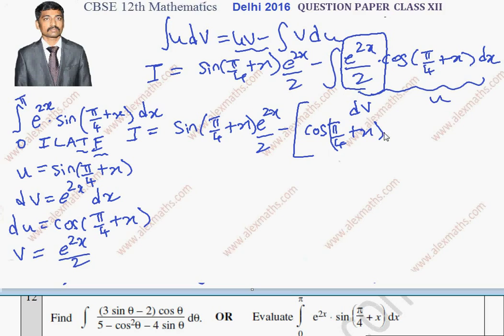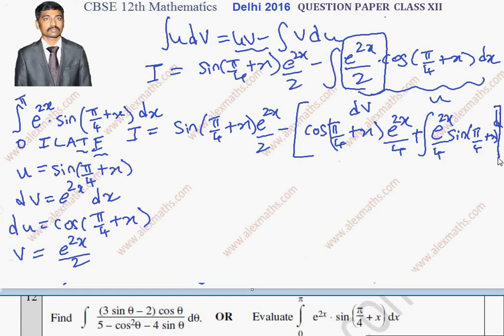That will become e power 2x by 4. This is dv. If I find v, one more by 2 will come. Minus integral of this will come, and du. So what is the differentiation of cos? So minus sine. So I will put plus here. Sine of pi by 4 plus x dx.